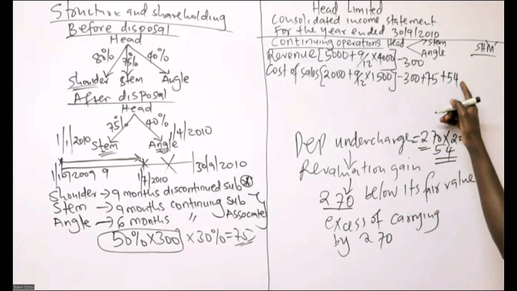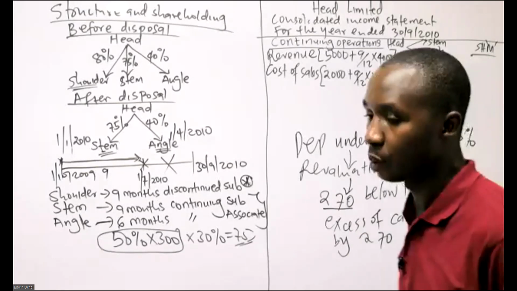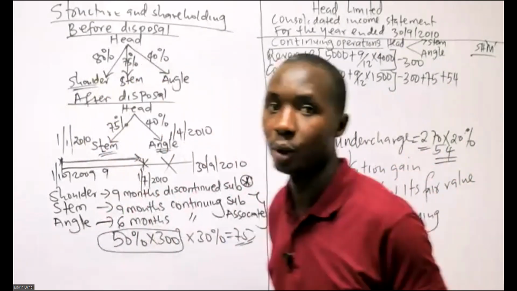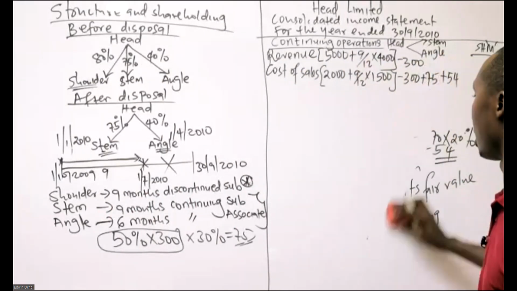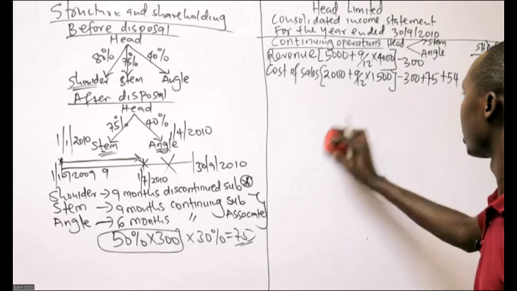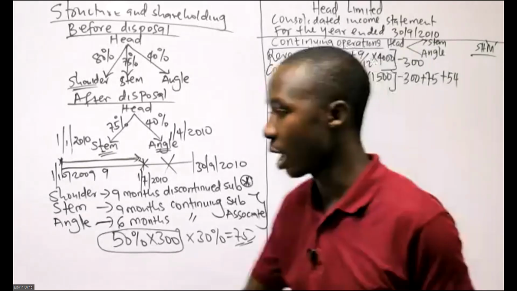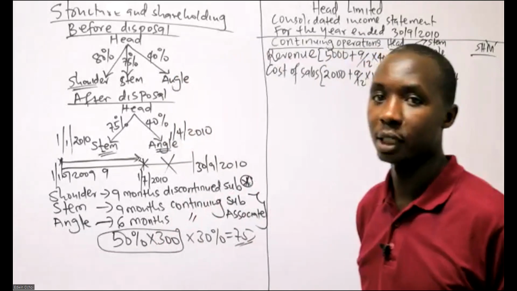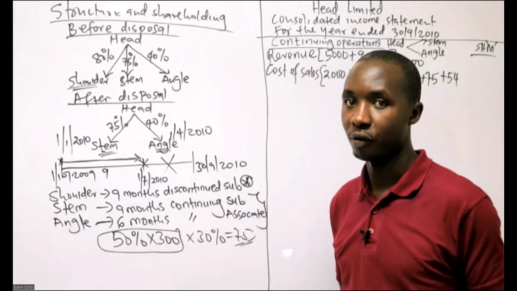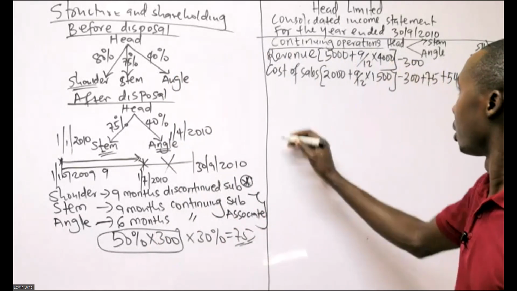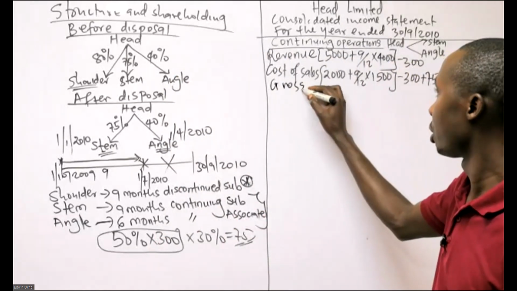Depreciation overcharge is the one you subtract, and it arises only when there's an intergroup sale of fixed assets, whereby you need to check first for the unrealized profit on fixed assets. Then you go ahead to compute the depreciation overcharge. Up to that point, I think you could get gross profit.